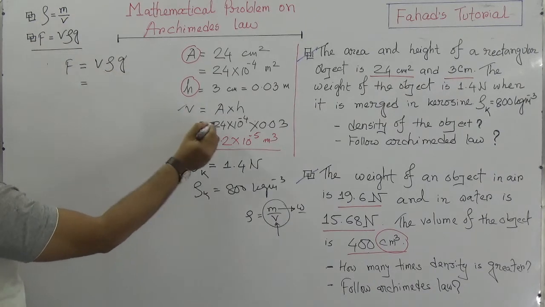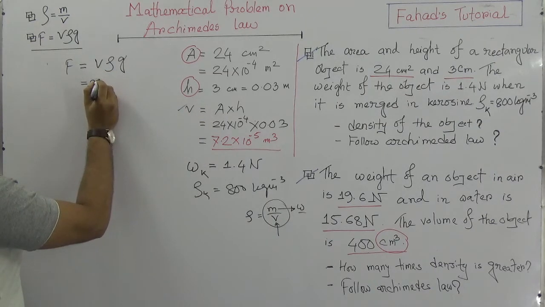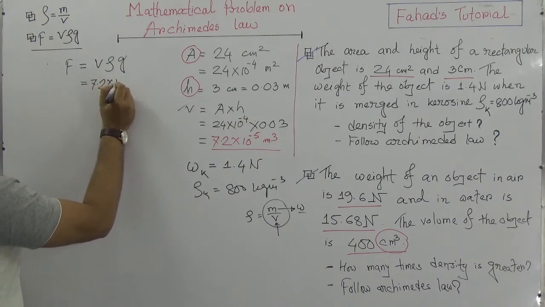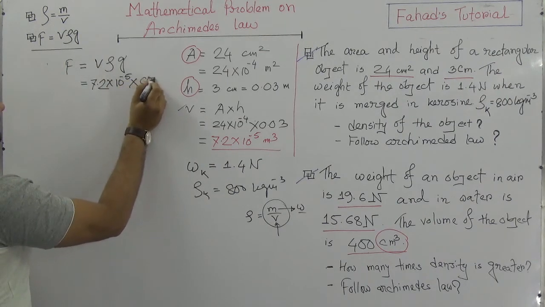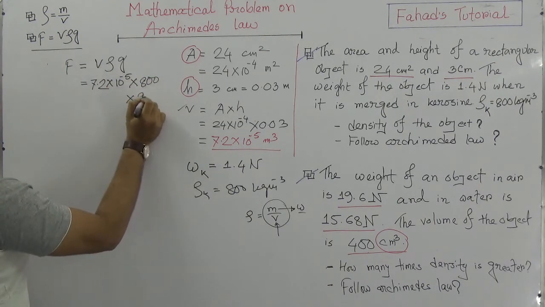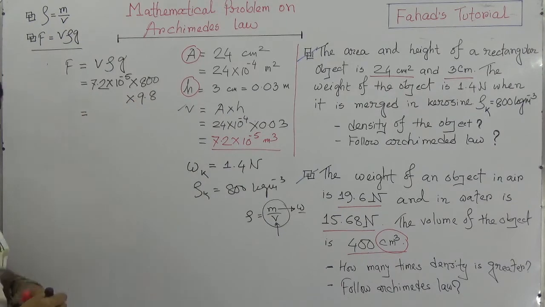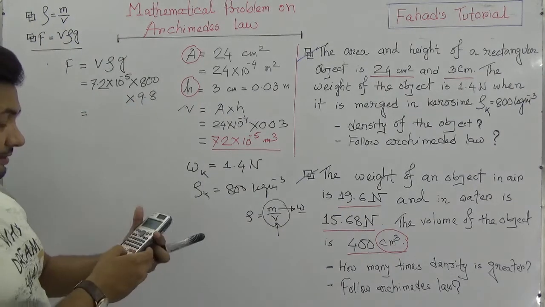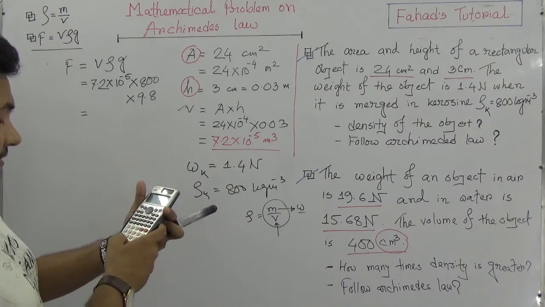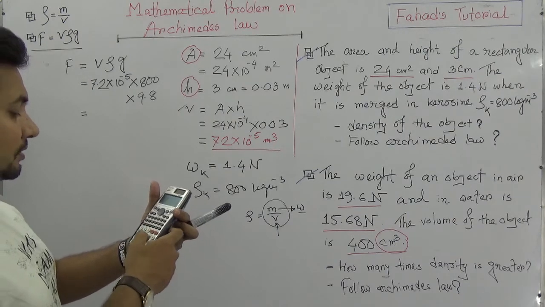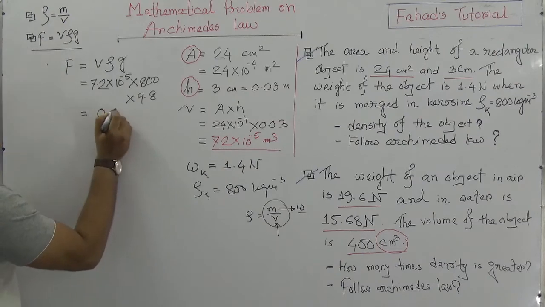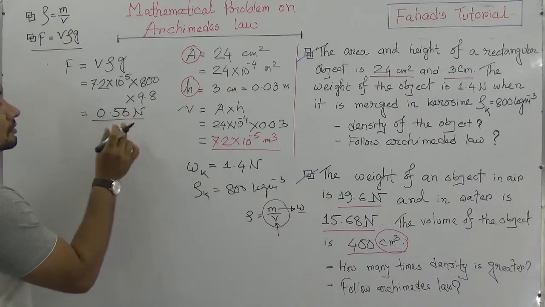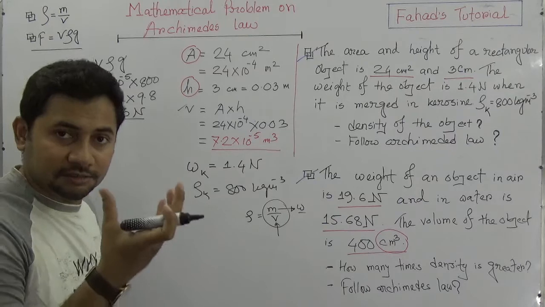See, the V is 7.2 times 10 to the power minus 5, and this rho is 800 and this G is 9.8. So we got times 800 times 9.8, which is actually 0.56 Newton. So this much was lost.